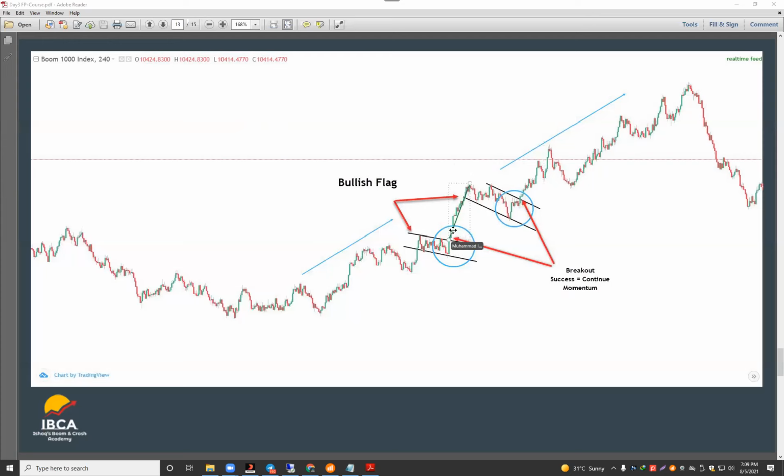But completely, if we're taking, there is a little bit of difference. So you can expect after this flag breaks, the market will move the size of the first movement when the flag starts. So this was the pattern which I showed you here.